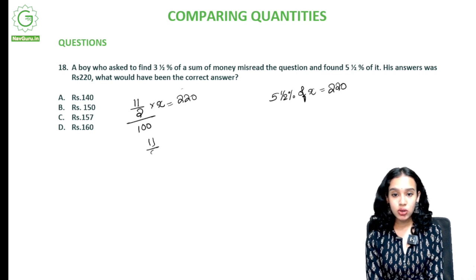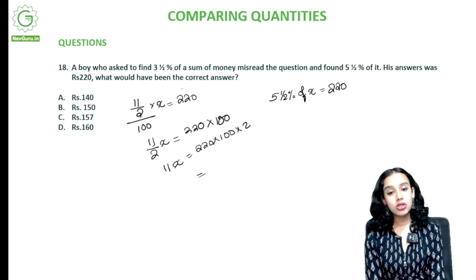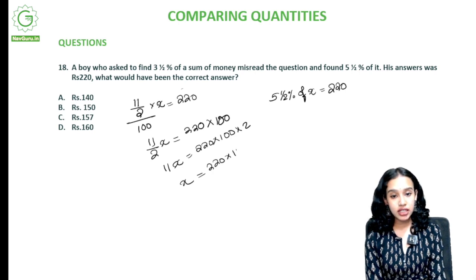So 11 by 2 x is equal to 220 into 100, and 11x is equal to 220 into 100 into 2, right? So we get x is equal to 220 into 100 into 2 by 11.